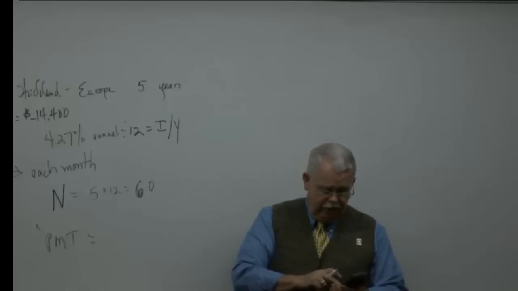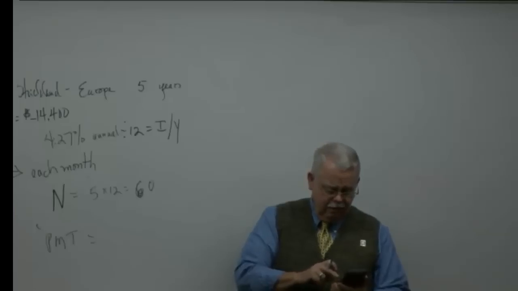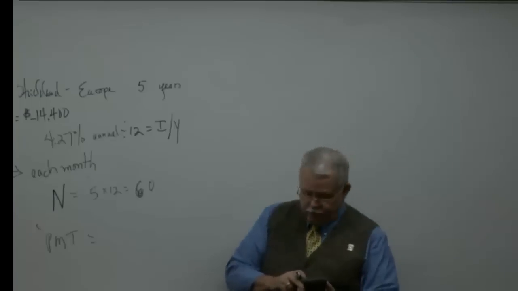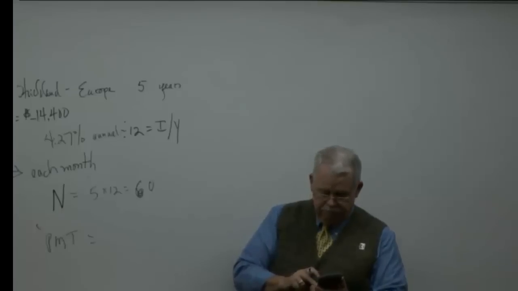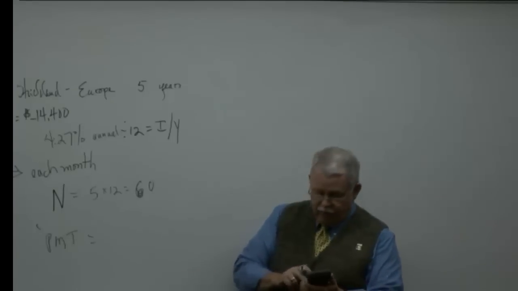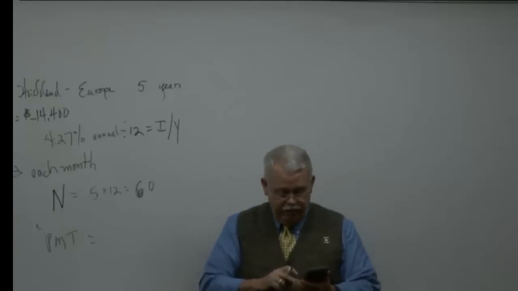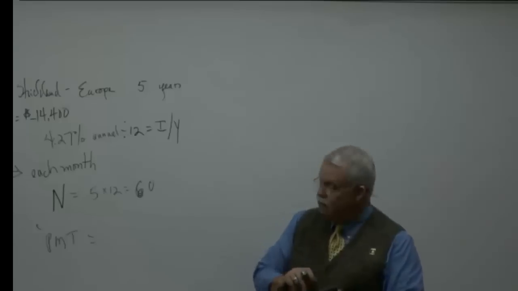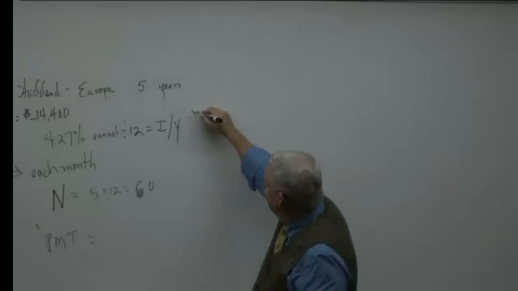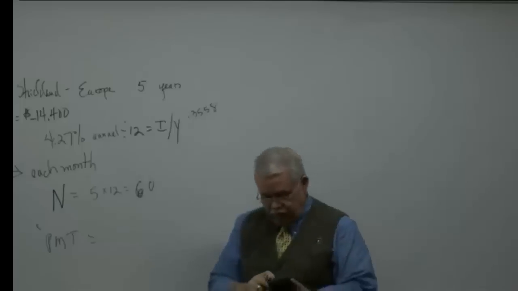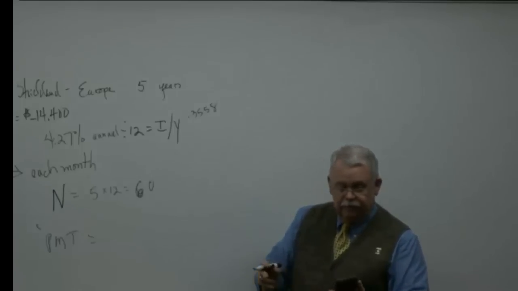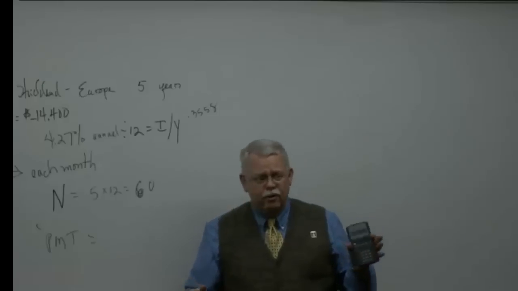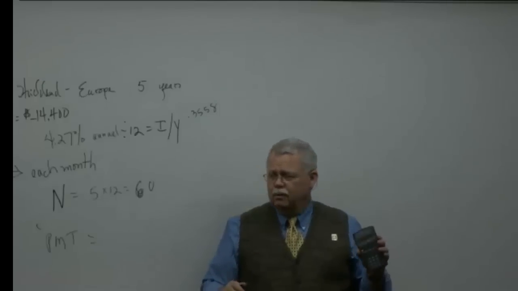We'll do it again. We're all getting different numbers. I got 215.44. I got 4.27 divided by 12, 0.3558, future value, 60, compute payment. Right around $215.